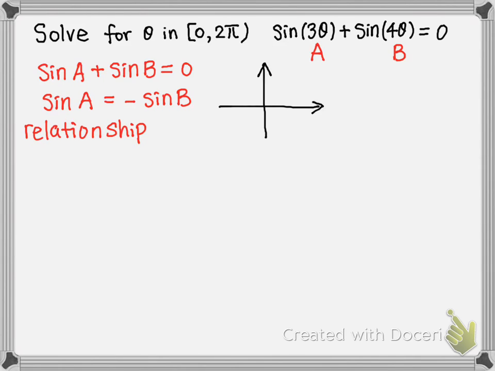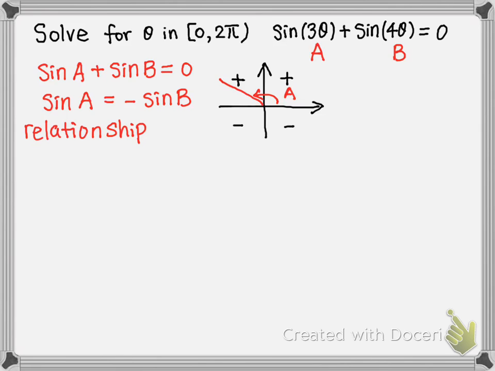If you take a look at the sign of sine's function, sine's function is positive in the first two quadrants and negative in the third and the fourth quadrant. So if you have an angle A right here, that's angle A. Angle B must be negative and have the same reference angle.